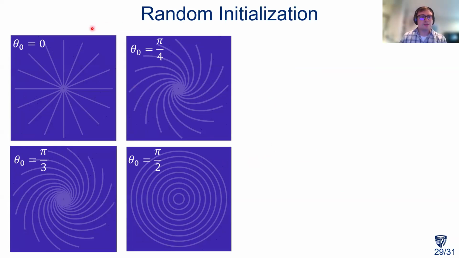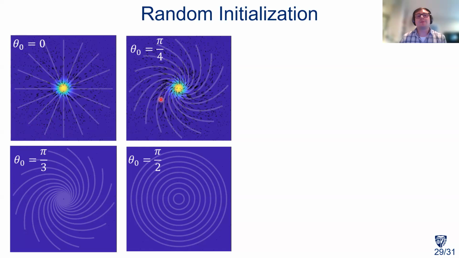What we find if the initialization is randomized, so I'll go through them one by one. For theta naught equals 0, you might have the clump nucleate far away, but it will eventually go towards the center. All the way up to theta naught equals pi over 4, we will generically find that the cluster will accumulate at the center.